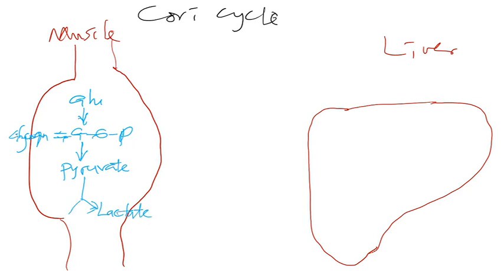Within the muscle, the pyruvate can also be converted to alanine by amination. The lactate can then permeate the muscle cells into the blood, then it's carried to the liver.